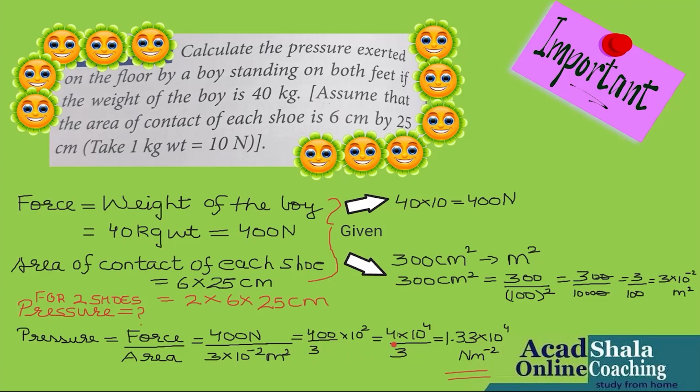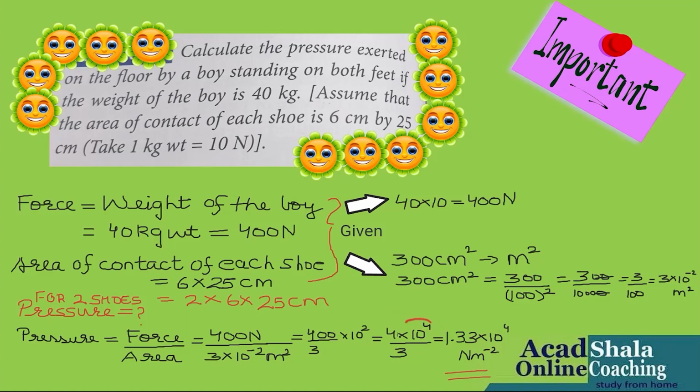And then what have I done? These two zeros of 400 and these two zeros of 10 to power 2, I get 4 into 10 to power 4 upon 3. Again, I repeat, these two zeros, that is known as 10 to power 2, and into 10 to power 2, I've taken collectively 10 to power 4. This is what I've shown over here.